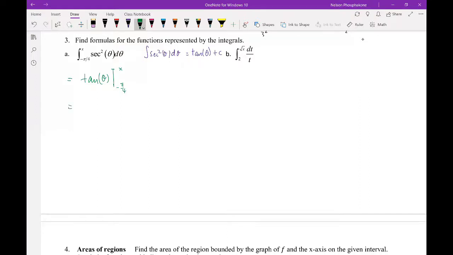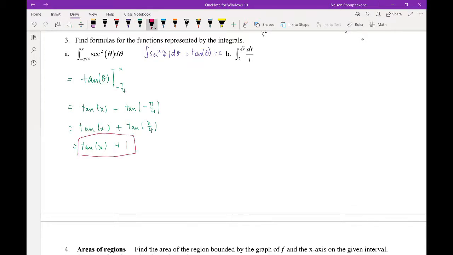We are going to have tangent of x minus tangent of -pi/4. Then, of course, to this one, I will have plus tangent of pi/4. The reason is tangent is an odd function, right? Okay, so then you will see that now my answer is tangent of x plus 1.